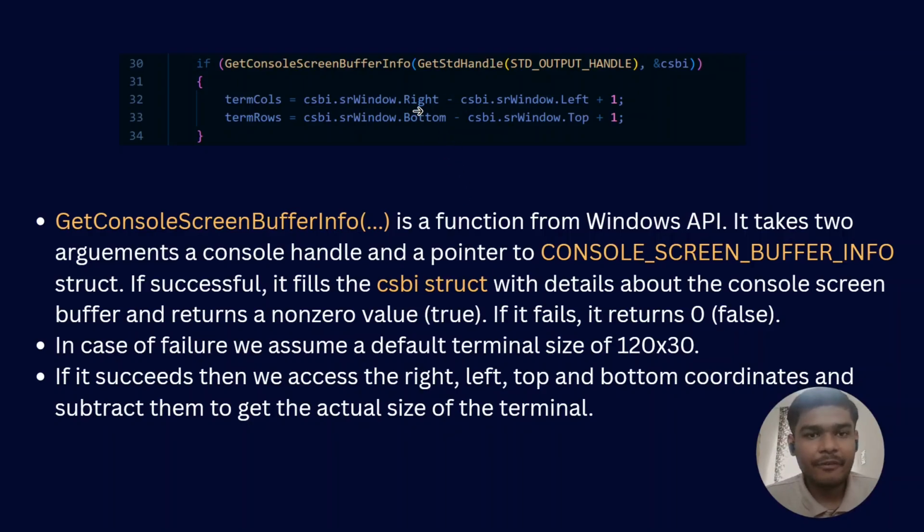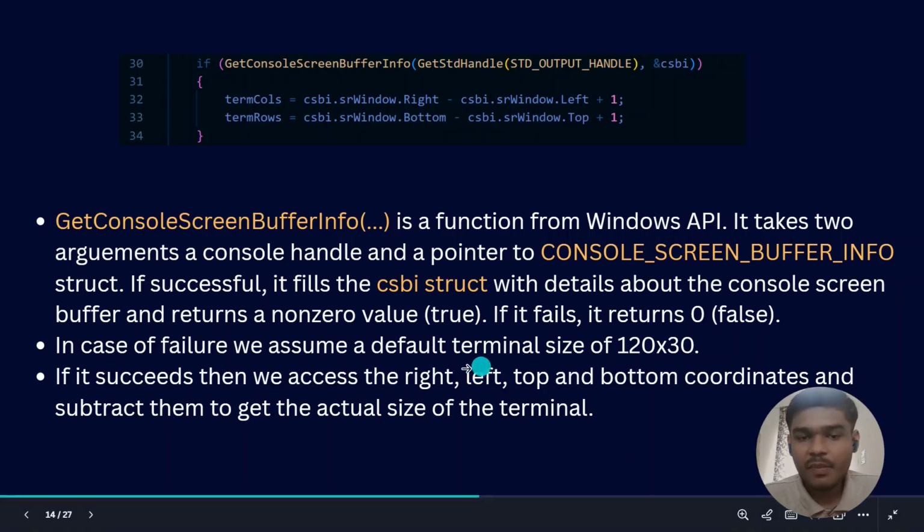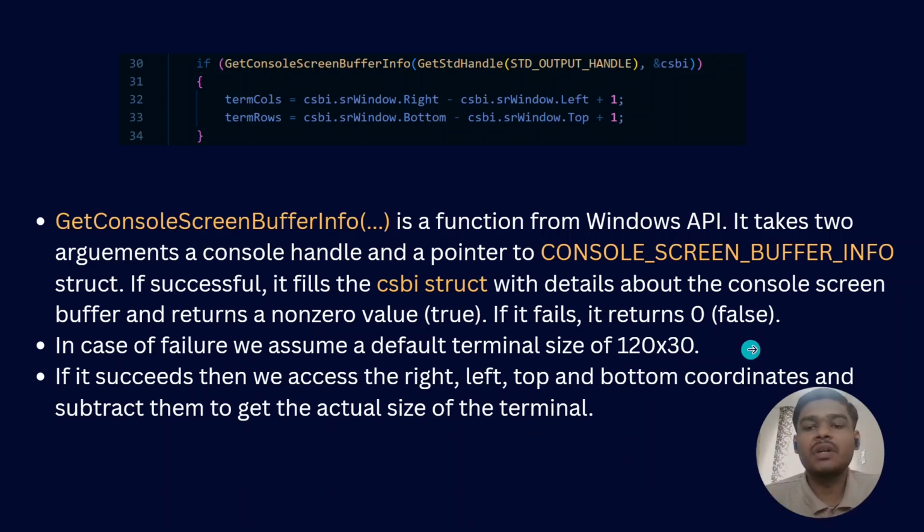Subtracting right minus left gives the width, and subtracting top minus bottom gives the height. We need to add one, because subtraction removes one row or column, so we add one to maintain exact precision in our image printing. Then we get the actual size of the terminal, which we'll be using ahead in our code.